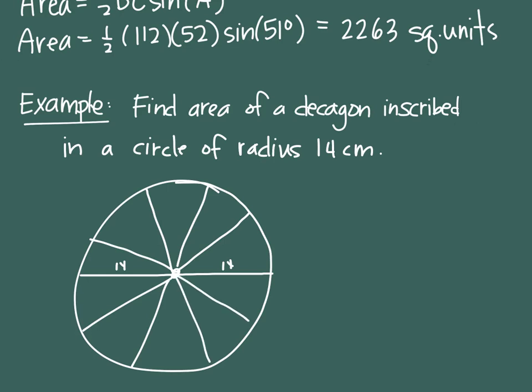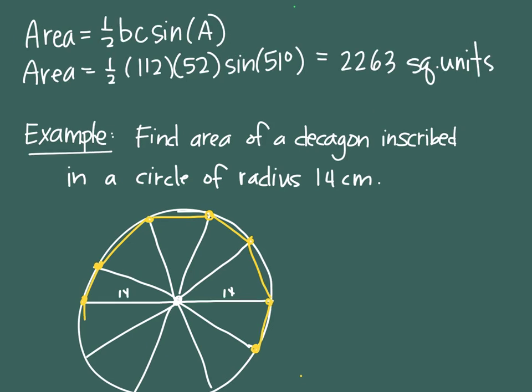All right, there's 10. And to draw the decagon, I'm going to connect all of these edges, all the vertices. Okay, the vertex ends, that will be my decagon. And I'm trying to find the area of this decagon shape.